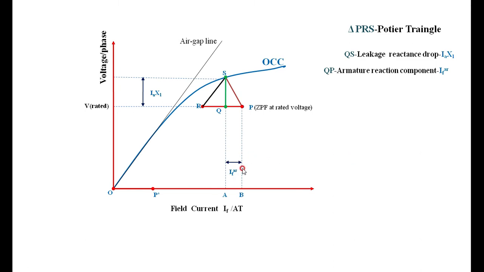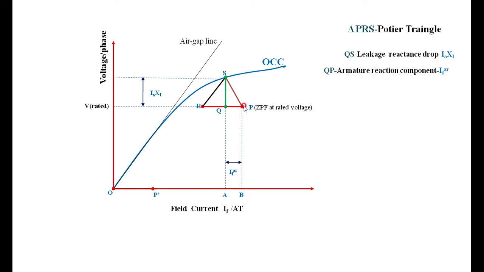That is IFAR I marked here. This is how we find out IFAR, the armature reaction component, as well as the IXL drop. Then to draw the whole ZPF curve, I told you only 2 points are necessary.